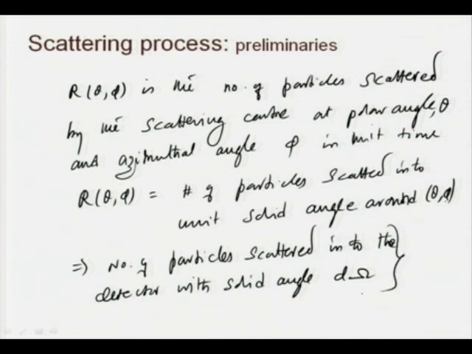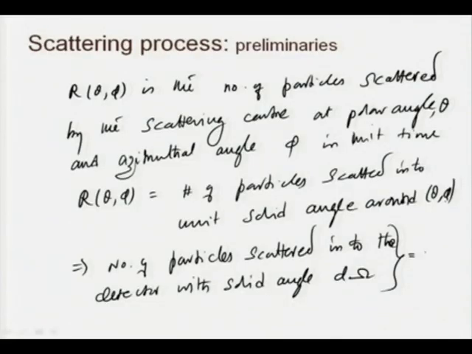What I mean here is that the detector, when it is placed there, has some area of cross section, okay, and that area you divide by r square, the square of the distance of the detector from the scattering potential. That is going to be R(theta, phi), which is basically the number of particles scattered into unit solid angle, right.